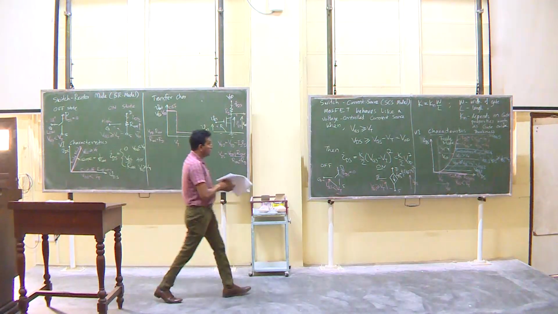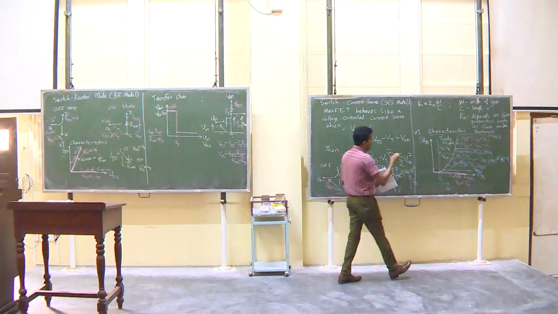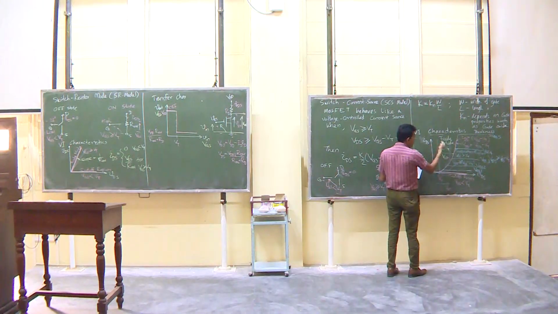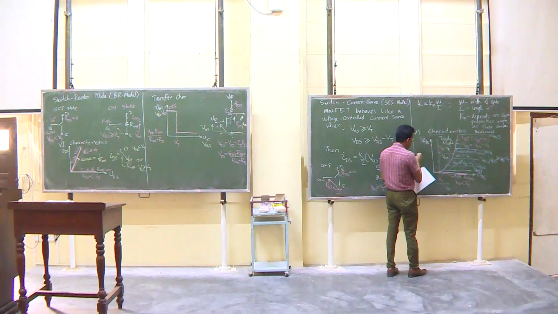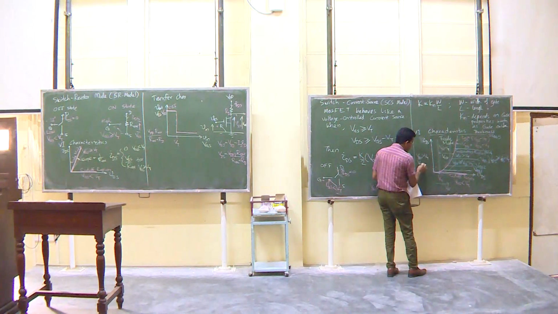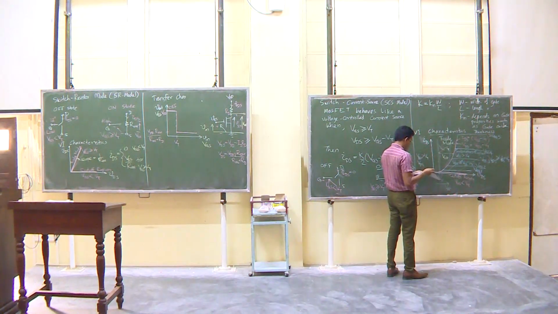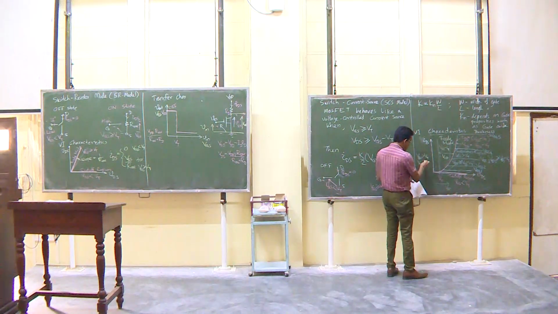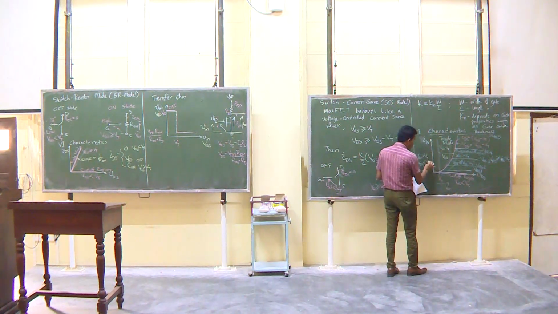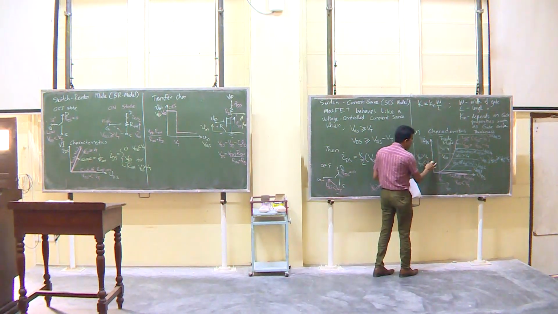Whereas in the triode region, what you will have is VGS greater than VT, and VDS less than VGS minus VT, that is the overdrive voltage.